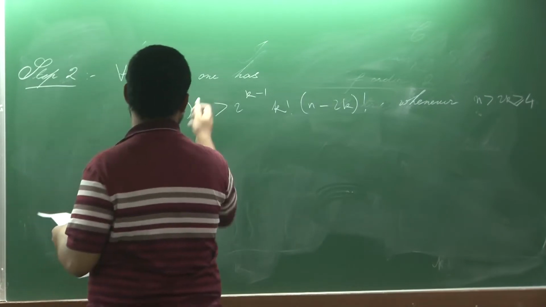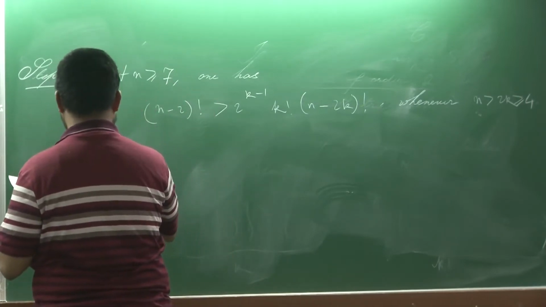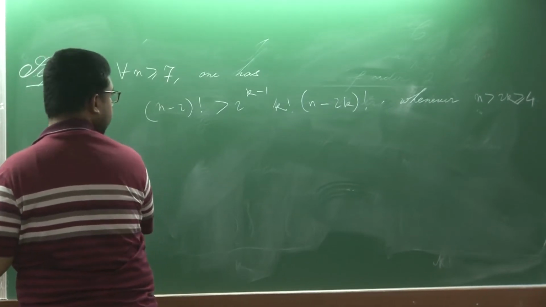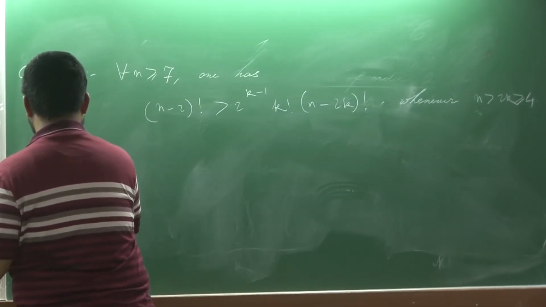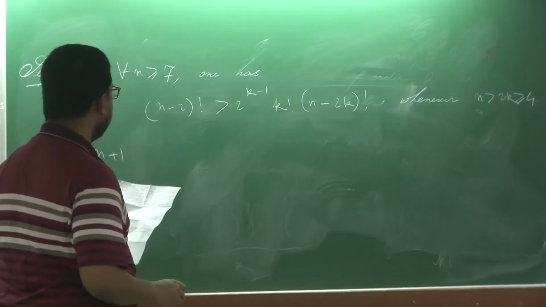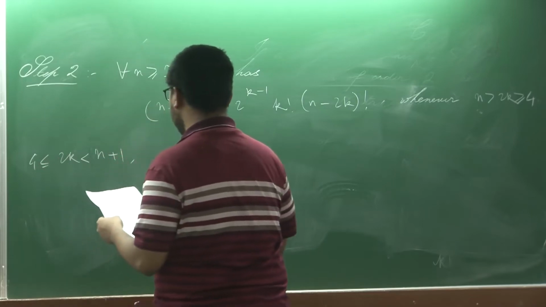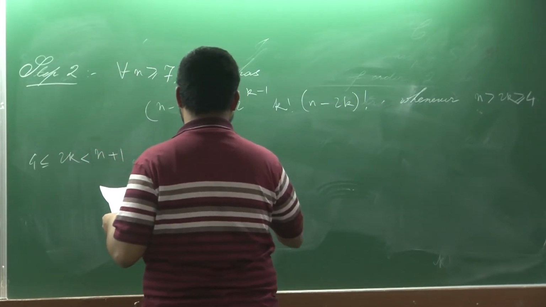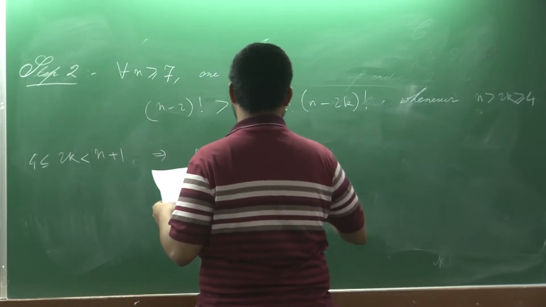To establish the inequality for n plus 1, let us assume that k is such that 2k is less than n plus 1. Then we can have exactly two possibilities: either n is 2k, or n is even greater than 2k.